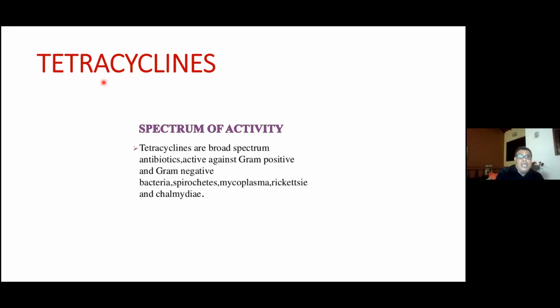They are the broadest of those three. Compared to penicillin and cephalosporin, these have the broadest spectrum of activity. It is active against both gram-positive and gram-negative organisms, as well as some intracellular microorganisms like spirochetes, mycoplasma, rickettsia, and chlamydia.